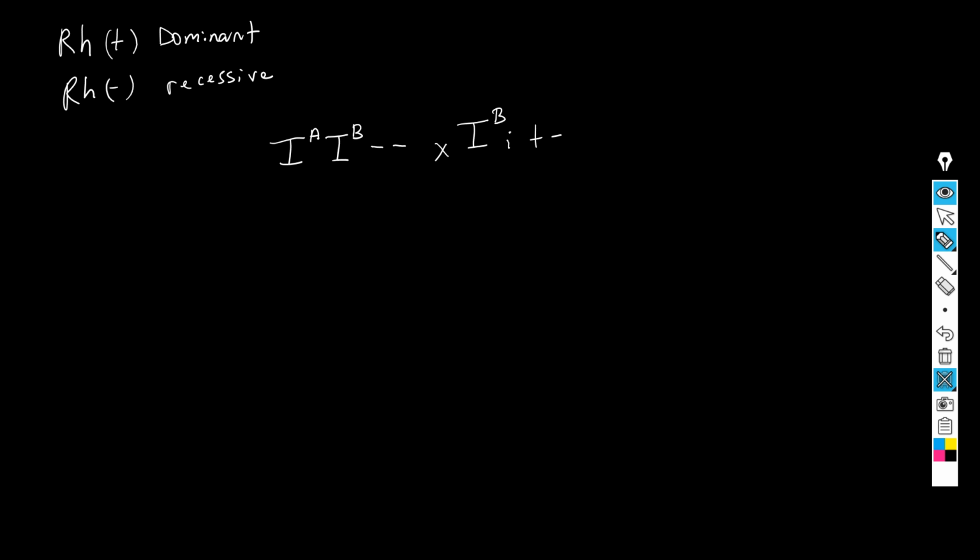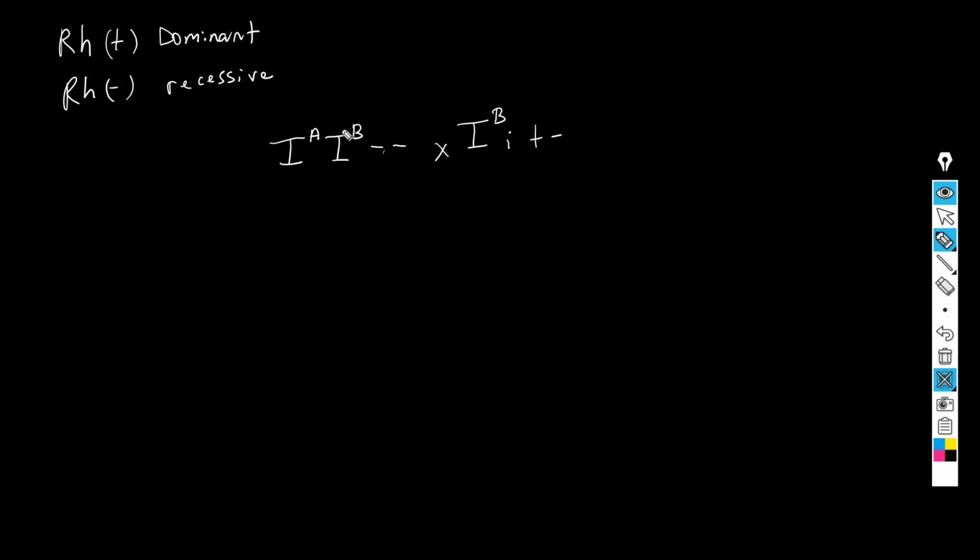Now, for dihybrid crosses, we're not going to take the time to work out a full 16-member Punnett square. I'm going to remind you of the shortcut that you guys have learned about. That shortcut is looking at how many different allele combinations we can have from each parent. If we look at the parent on the left, we can have a capital IA negative. It doesn't matter which negative we put that capital IA with, it's still an IA negative, so that's one possibility.